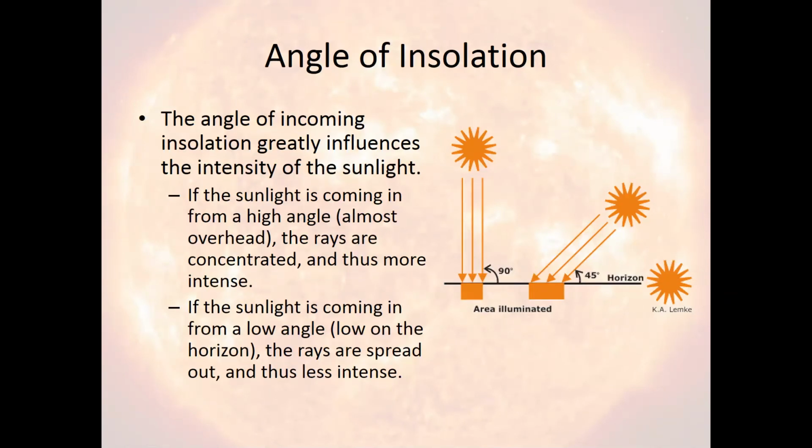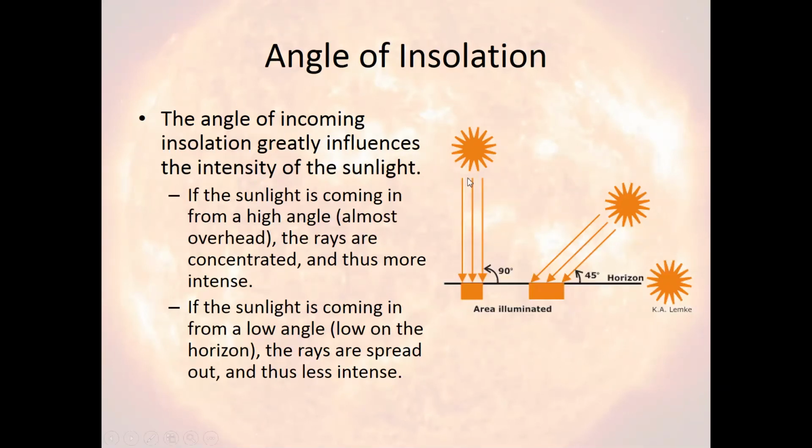And this is just a quick review of that. This is what's called the angle of insolation. Now, insolation is just a fancy term for incoming solar radiation. So the word insolation means incoming solar radiation. And the angle of it greatly influences how intense the sunlight is.